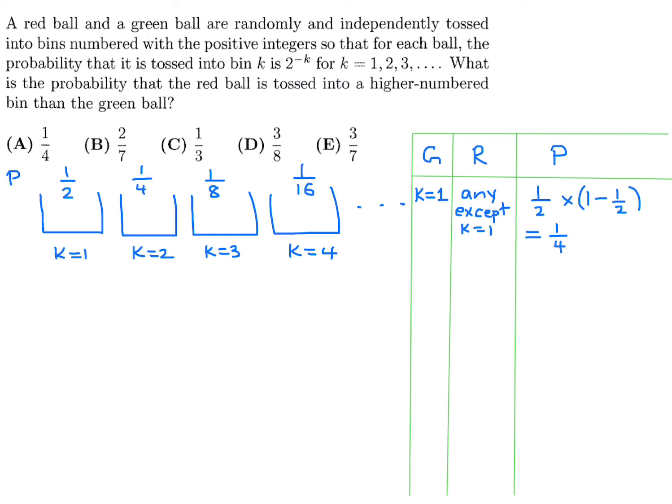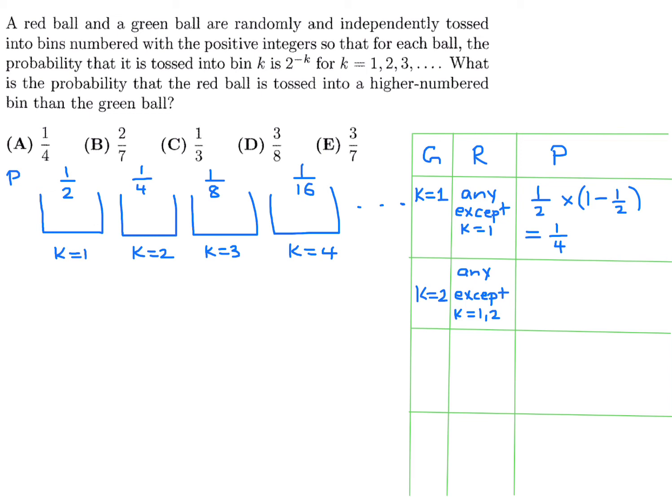All right, let's keep going here. So I think I will do 4. I think that should be good enough to see the pattern. Okay, K equals 2. If we want the rule to hold, R can go into any except it can't go into K equals 1 or K equals 2.